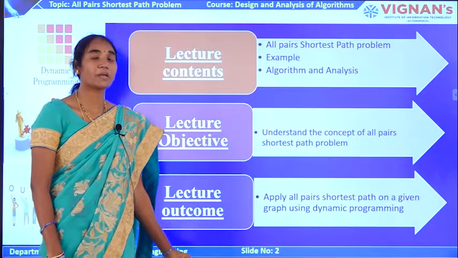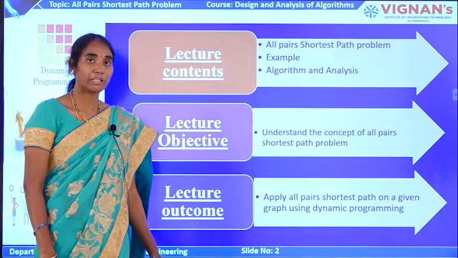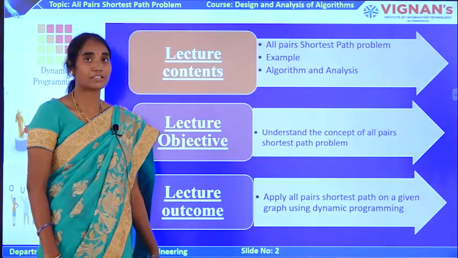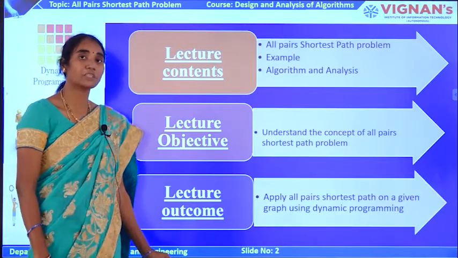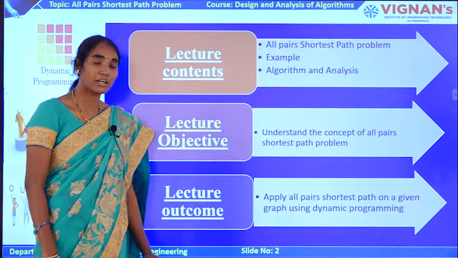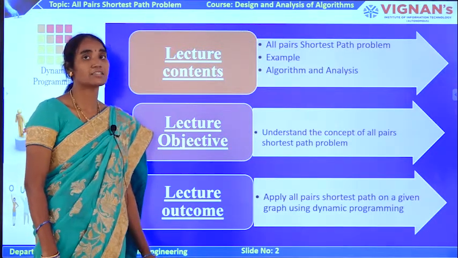In today's lecture I am going to cover the all-pair shortest path problem, followed by an example, followed by an algorithm, and we will see the analysis part also. The objective of today's lecture is that students are able to understand the concept of the APSP problem and its analysis.